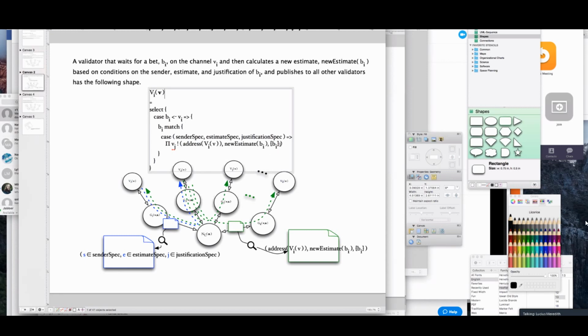That's the innocent validator shape. Does that make sense? I don't quite understand this match case sender composition thing actually. Did anyone else understand? Maybe someone can give a.